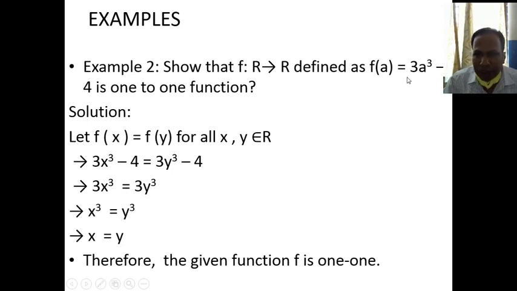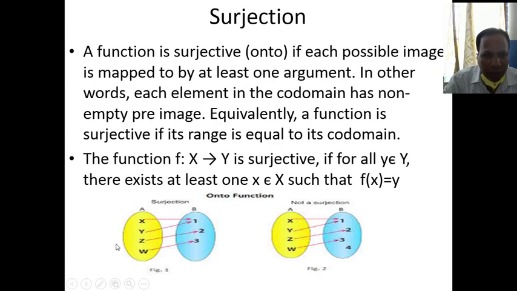Thereby we get 3x cubed minus 4 is equal to 3y cubed minus 4, and cancelling minus 4 on both sides, we find 3x cubed is equal to 3y cubed and hence x cubed is equal to y cubed. And we know if the cubes of two real numbers are equal, then the real numbers must be equal. So we find that x is equal to y. Assuming that f(x) is equal to f(y), we proved that x is equal to y, so the function is a one-one function.